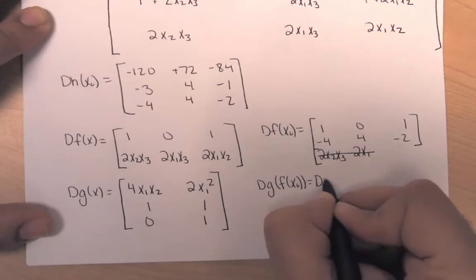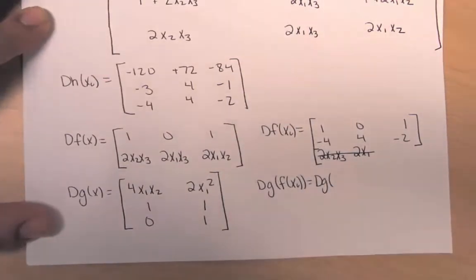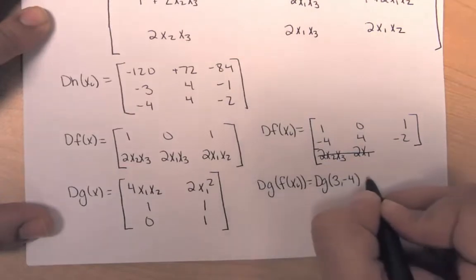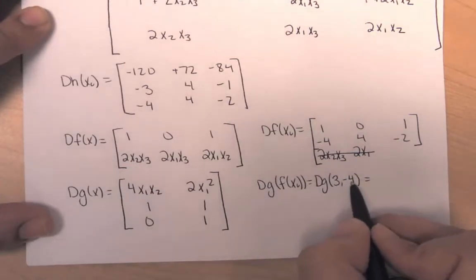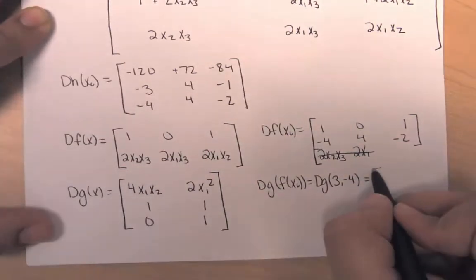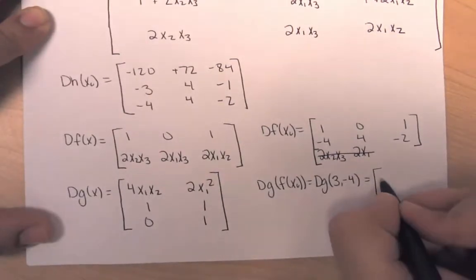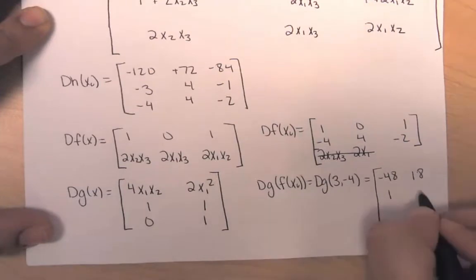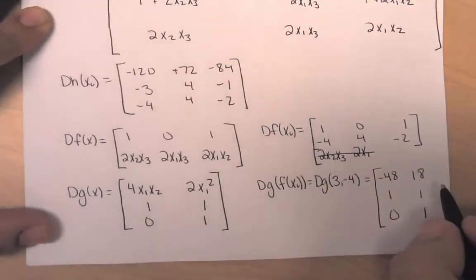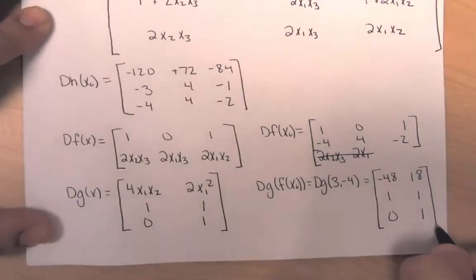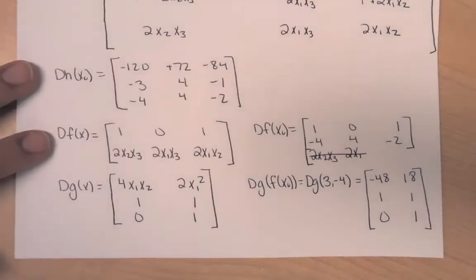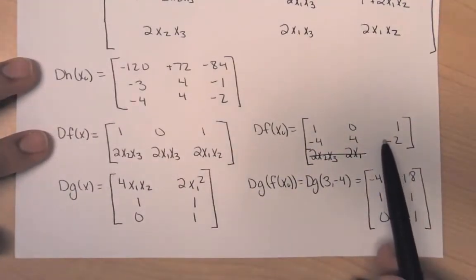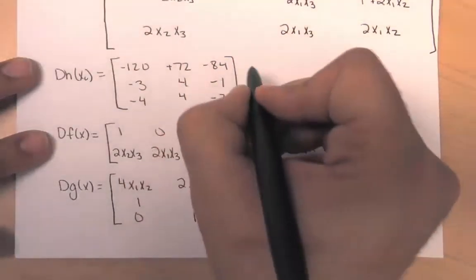By the way, the derivative of g at f of x naught is 3, negative 4. And so if I plug in those two values into x1 and x2, I would get negative 48, 18, 1, 1, 0, 1. And in fact, if I multiply this matrix on the right by this matrix, I get exactly this.